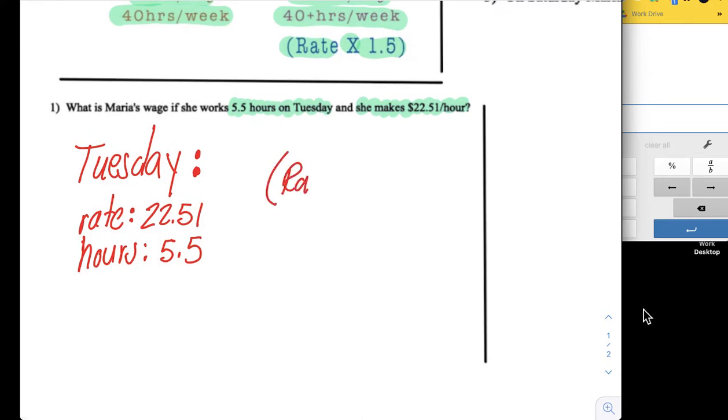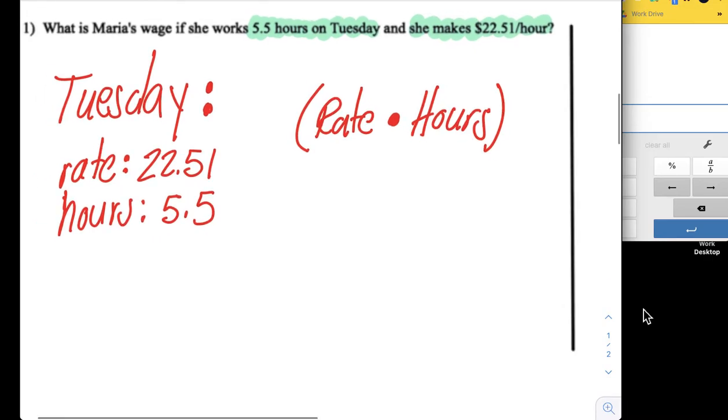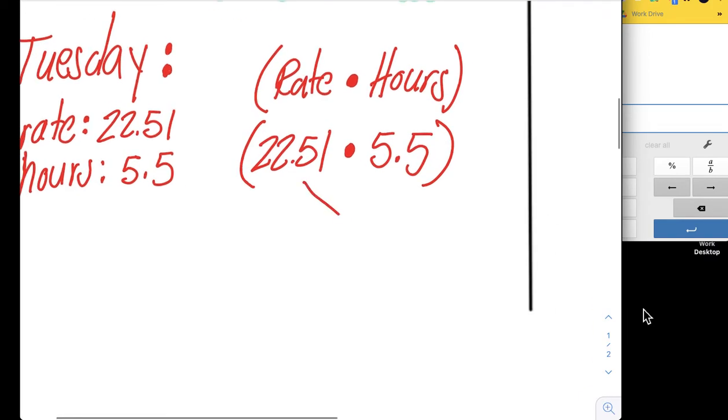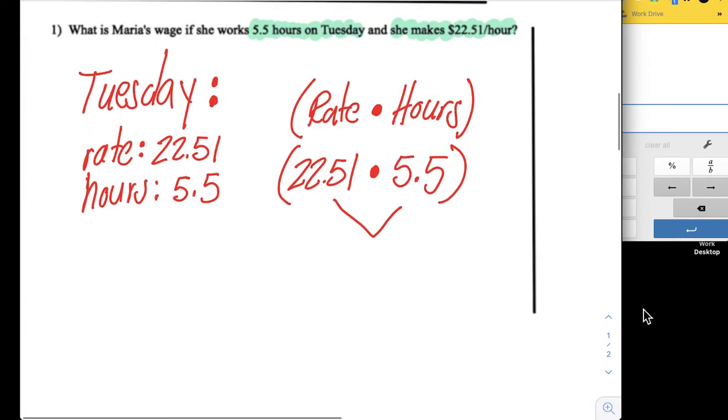Okay. So her rate was $22.51, times she worked 5.5 hours. So we're going to multiply that and see how much she made on Tuesday, right?